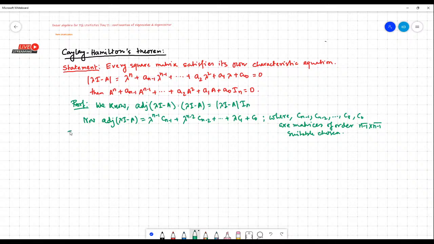Then adjoint of lambda I minus a, into lambda I minus a, is equal to lambda to the power n minus 1 Cn minus 1 plus lambda n minus 2 Cn minus 2 up to lambda C1 plus C0, into lambda I minus a.